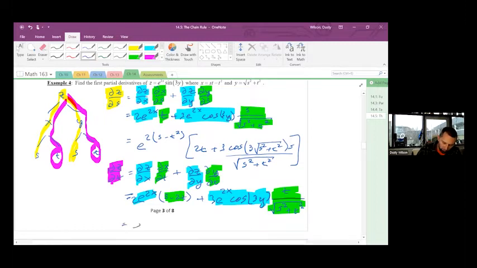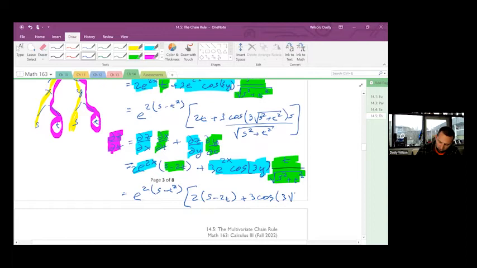So we're going to have e to the 2 times s t minus t squared again, parenthesis 2 times s minus 2t, plus 3 cosine of 3 root s squared plus t squared, times t, now over root s squared plus t squared.